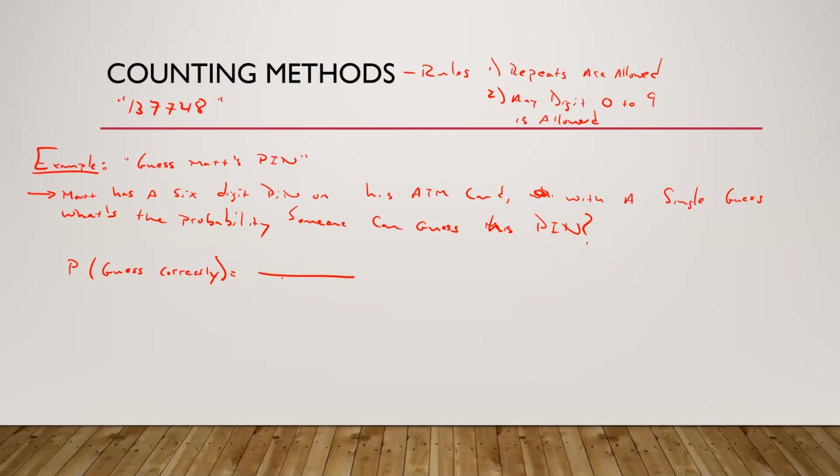To figure this out, we're just going to use some basic definition of probability, and then you'll see where the counting comes in. The first thing, what goes in the numerator is the number of ways to guess correctly with one guess, because that's all you're getting.